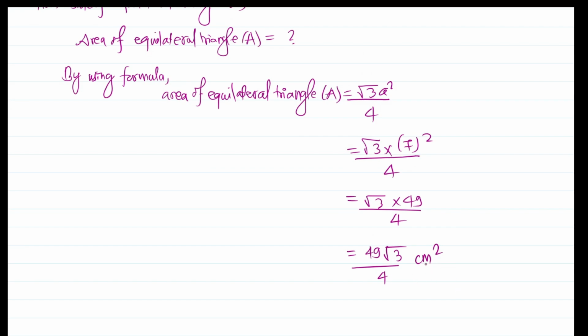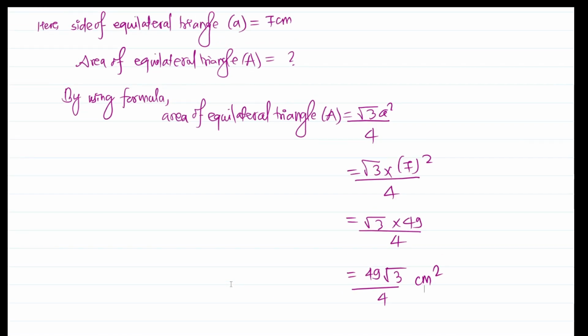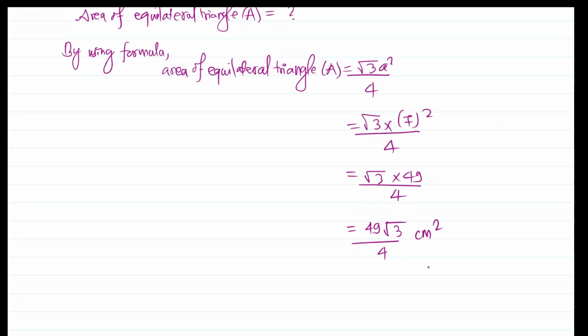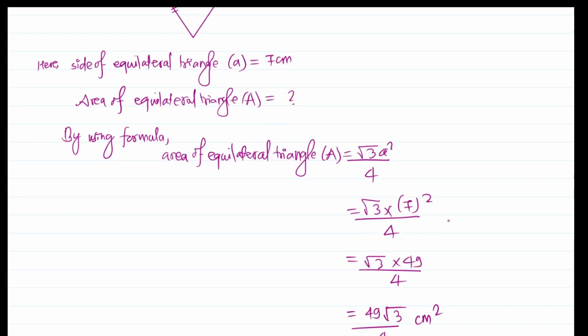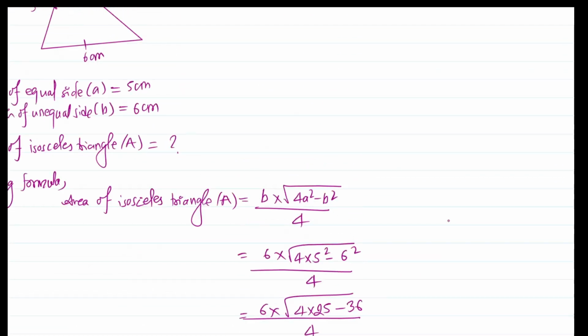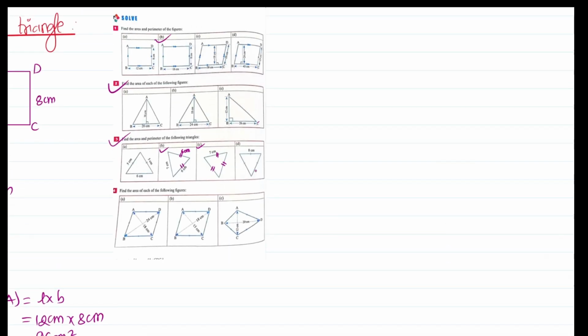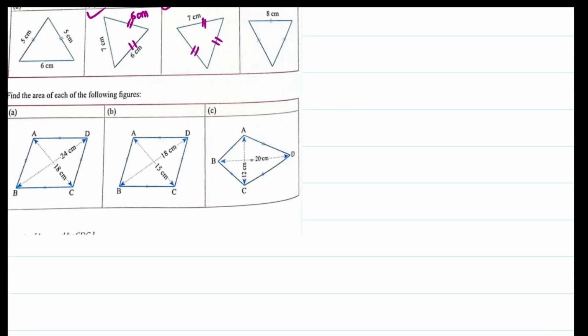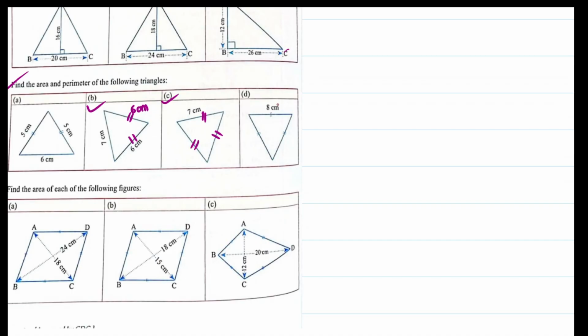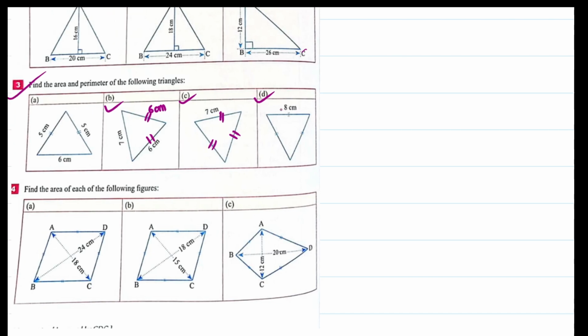So the area of this equilateral triangle will be 49 root 3 whole upon 4 centimeter square. Similarly, you can use this formula to evaluate the area of this triangle whose side length is 8 centimeter. Use the same formula and find the area of this triangle.